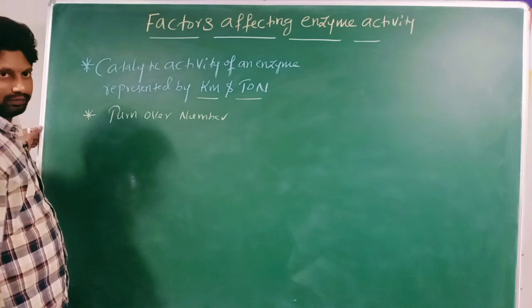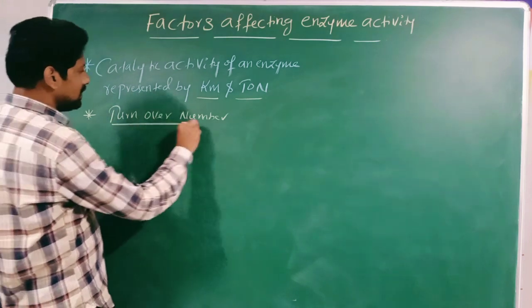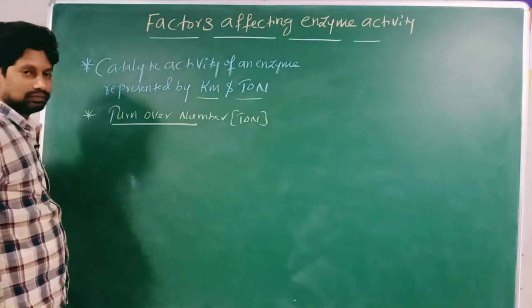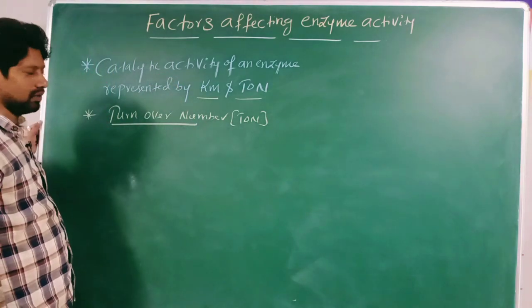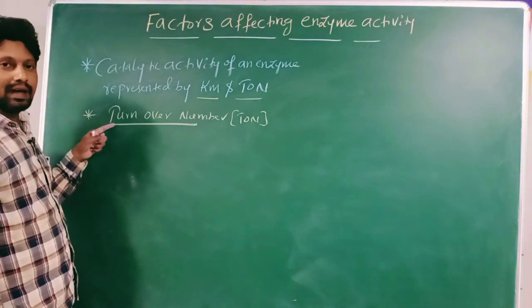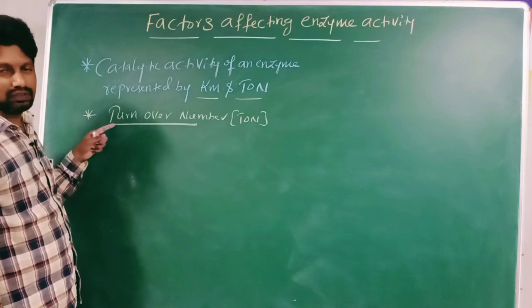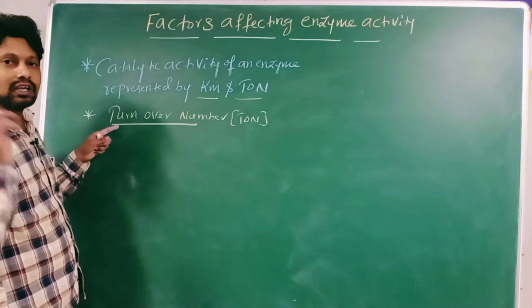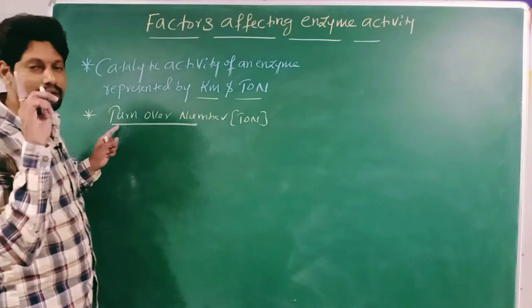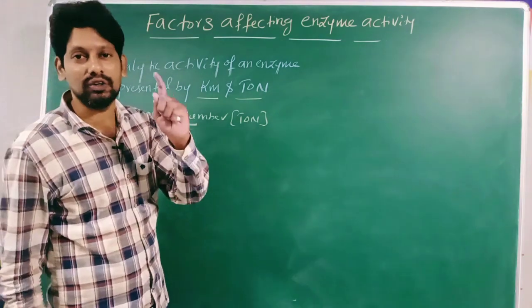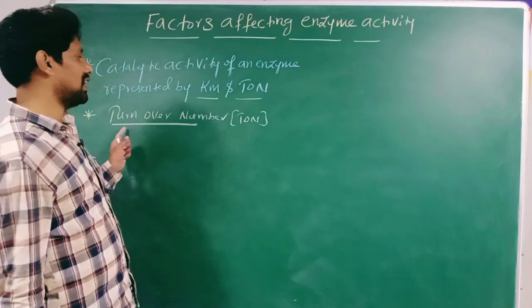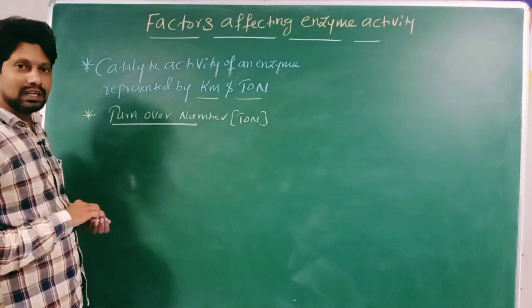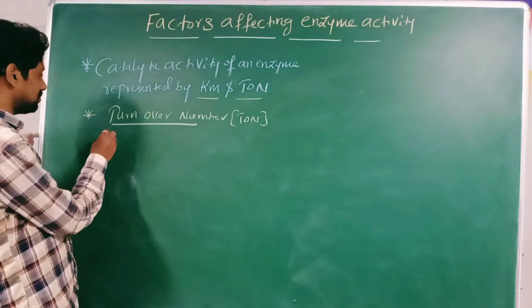Sir, TON, turnover number. What does it mean? Number of substrate molecules converted into products by one molecule of enzyme in 1 minute time, or 1 unit time, is called the turnover number of an enzyme. Therefore, what is the meaning of turnover number of an enzyme, sir?